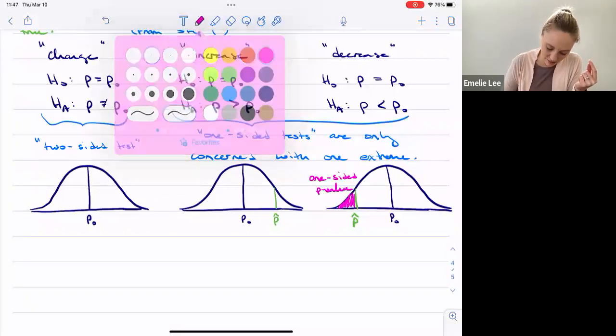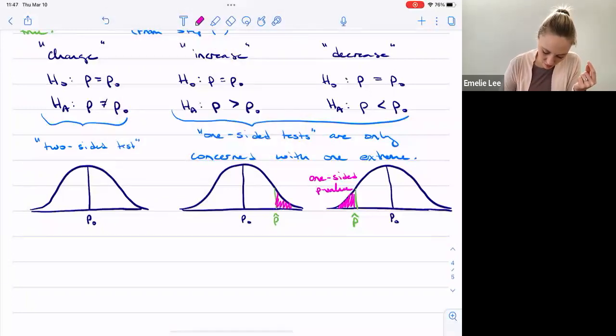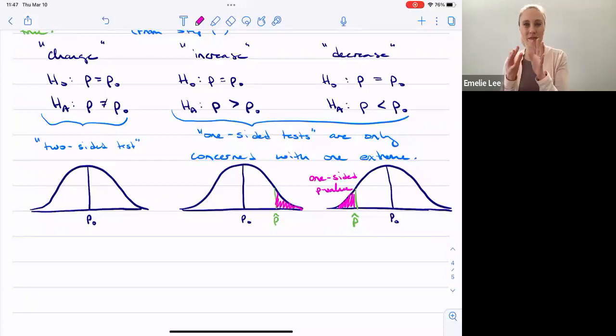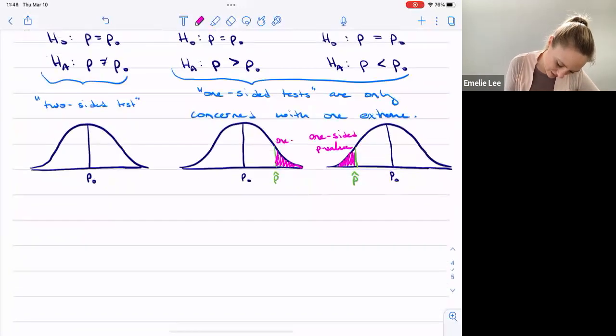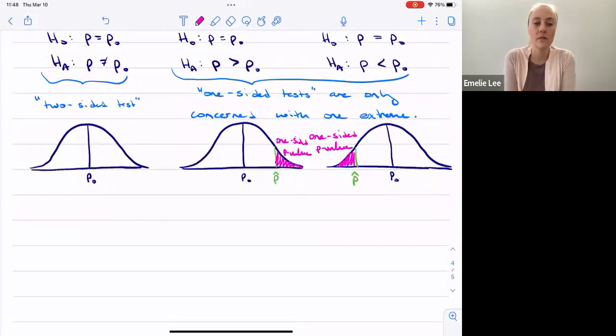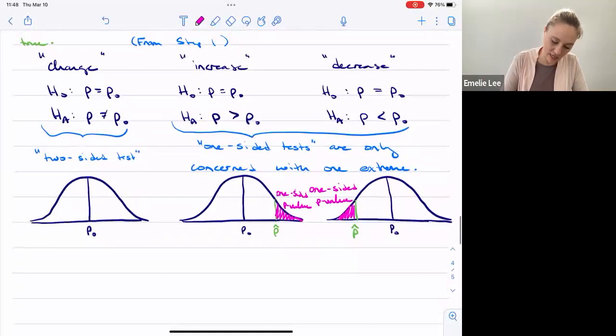Same deal, as extreme or more extreme: if I'm on the upper end, that's in the upper tail. Good thing we know how to find these areas. So depending on the alternative hypothesis, that's going to help us pick a side.